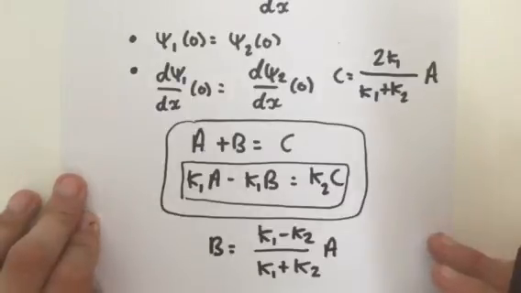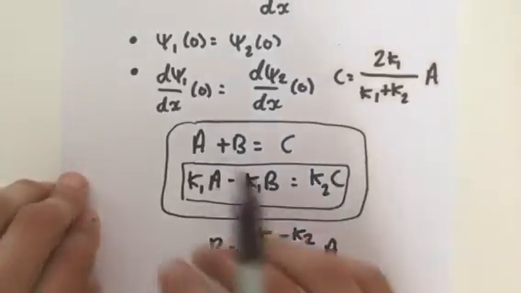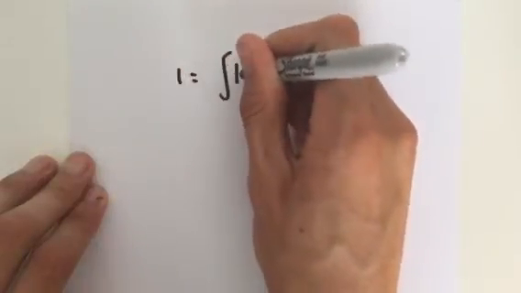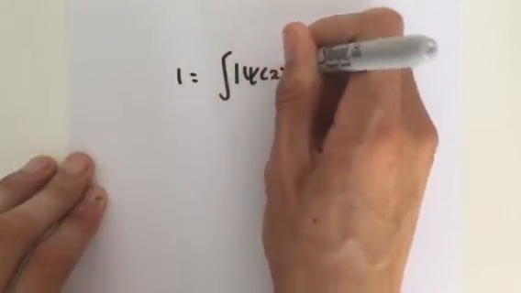So you can calculate A from the normalization condition of the wave function. If you remember, in the infinite square well series, we got that 1 is equal to the integral of psi of x squared dx.